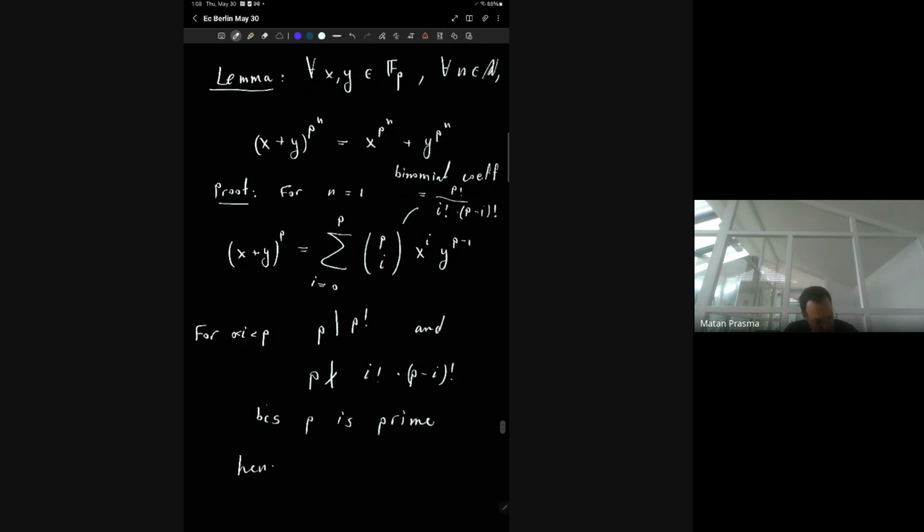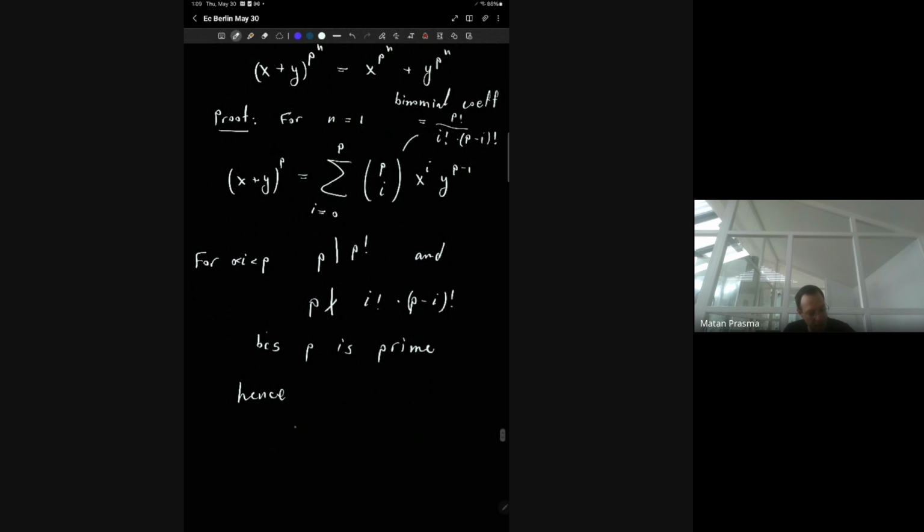Hence, the coefficient p over i, often called p choose i, for i bigger than 0 and smaller than p, is divisible by p, because p divides the numerator and does not divide the denominator. So there can be no cancellation.